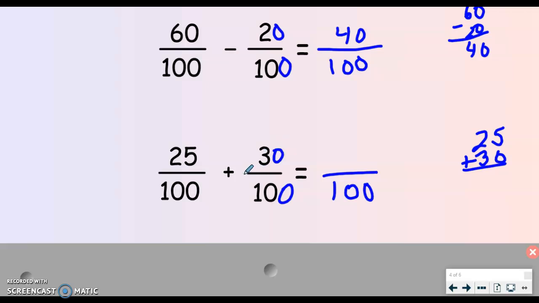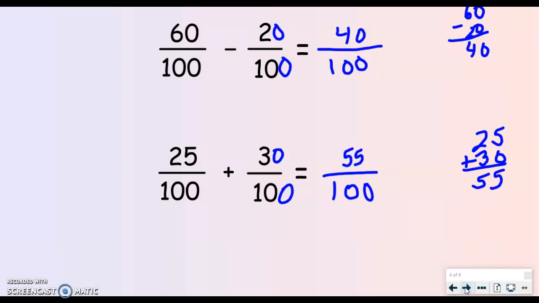So make sure that you are multiplying both your numerator and denominator by 10. So 25 plus 30 is 55. So 25 hundredths plus 3/10 or 30 hundredths is 55 hundredths.